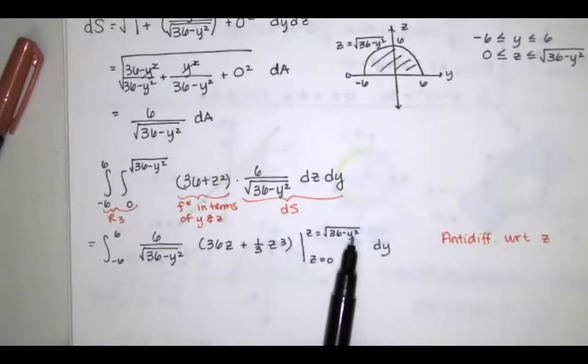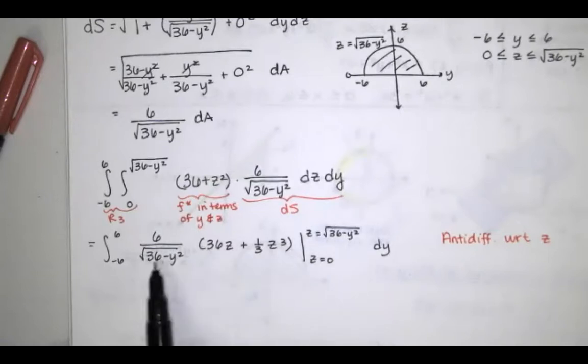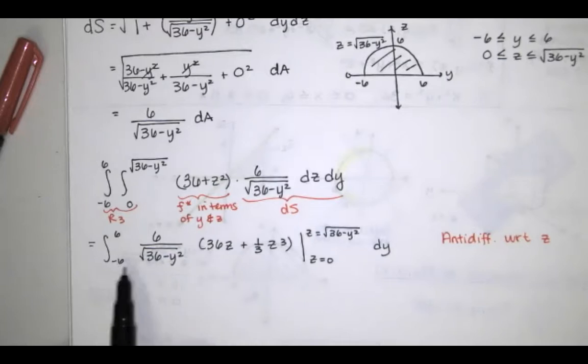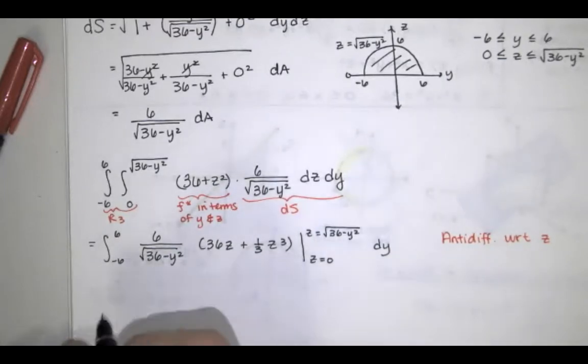Now, when z is equal to the positive square root of 36 minus y squared, we're going to have some cancellations with what we have here, which is why the problem where we're dividing by 0 seems to disappear. Even though technically it doesn't, it's okay.